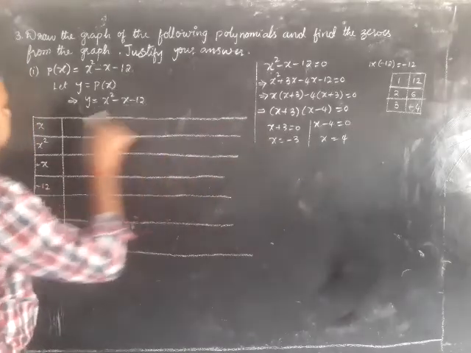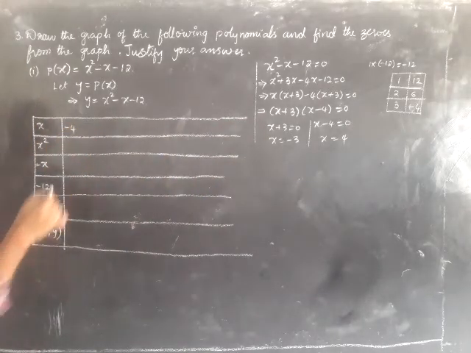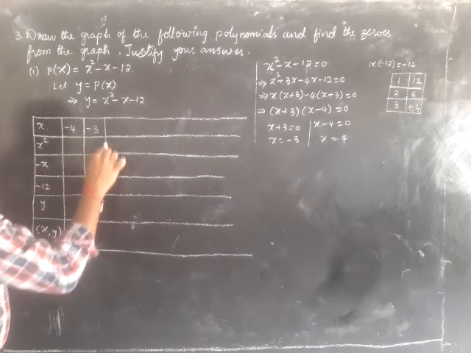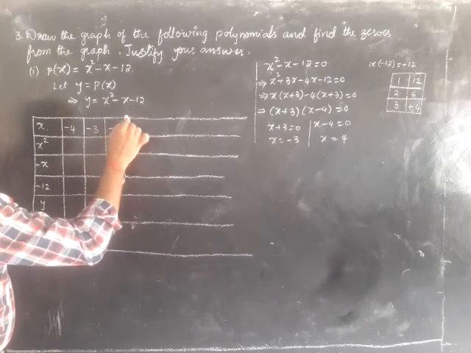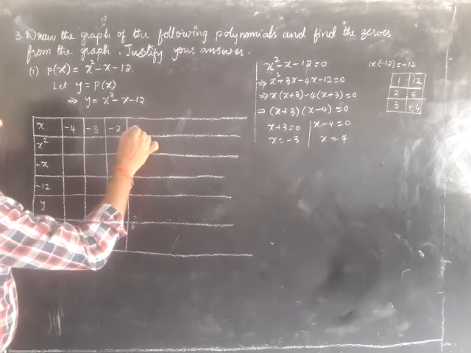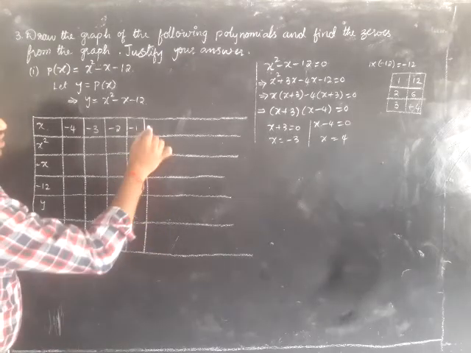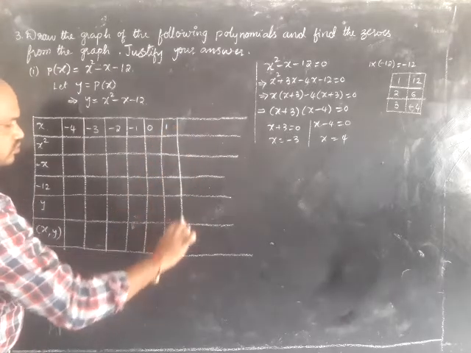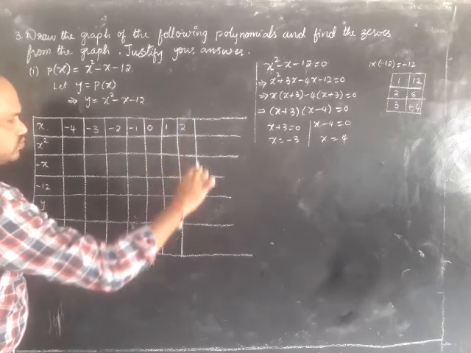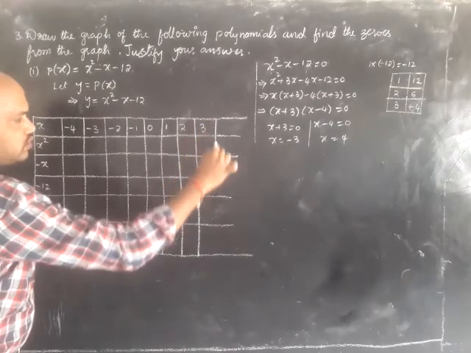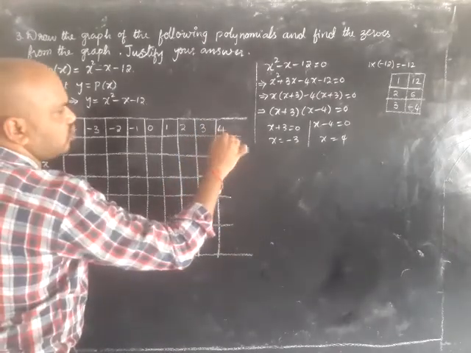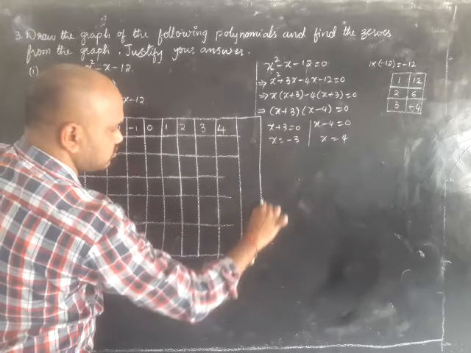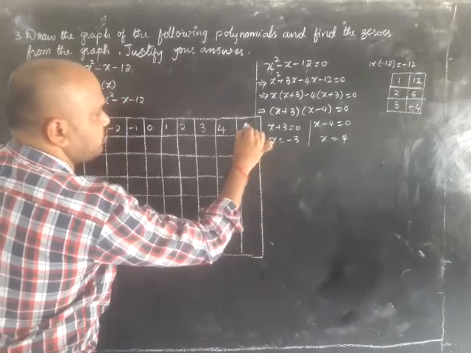So start from minus 4, one point we have to take extra: minus 4, minus 3, minus 2, minus 1, 0, 1, 2, 3, 4. Take one more point extra, 5.